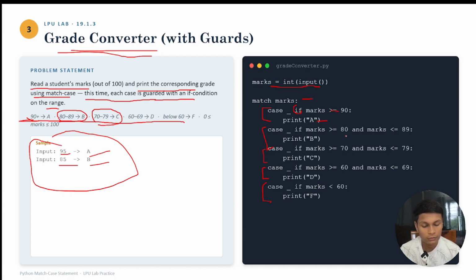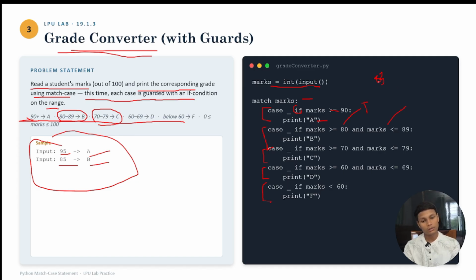If greater than or equal to 80, and this condition becomes true, let's take the example of 83. It checks, is 83 greater than 80? Yes, so it is true. Then it will check here, is marks less than 89.